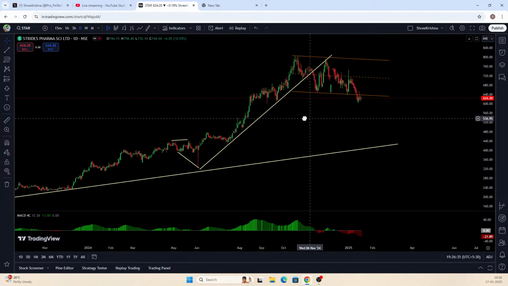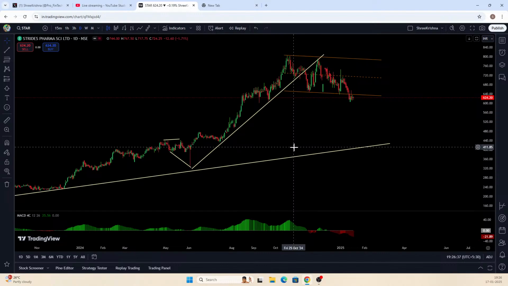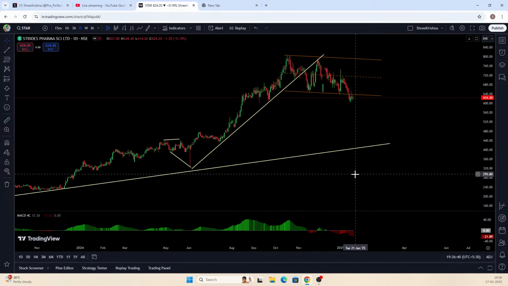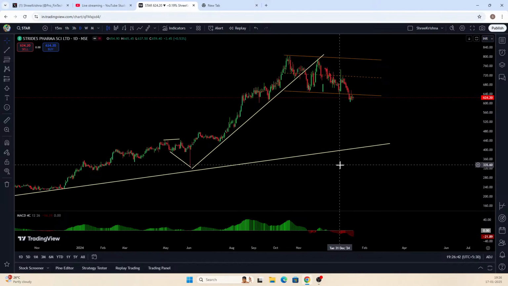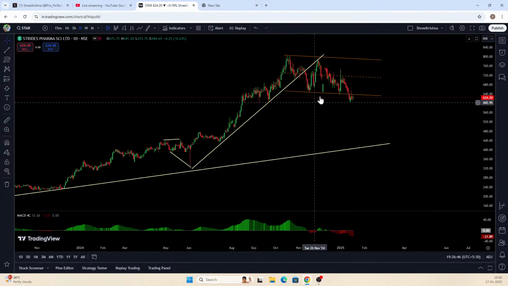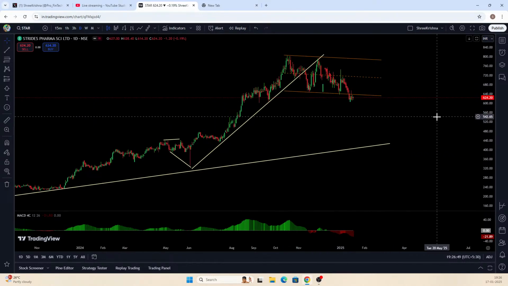Okay? So this is how it works. Can it gap down? Yes, it can gap down very badly. That can happen, because it is highly rigged here.